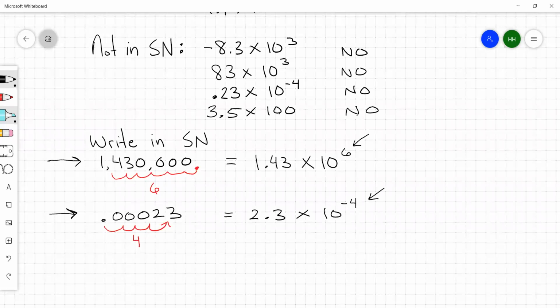If the number you start with is less than 1, then your power has to be negative. If the number you start with is greater than 1, then this power's got to be positive.